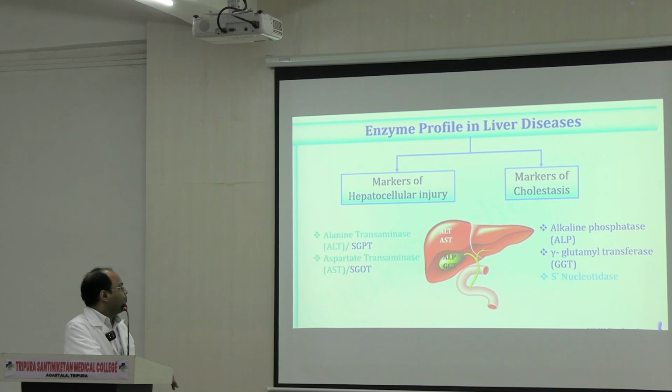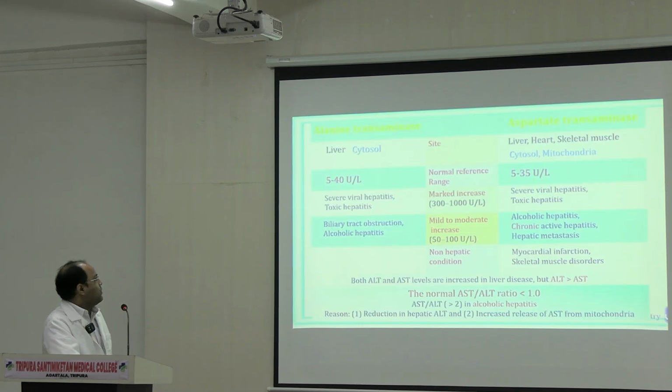Okay. And markers of cholestasis, 3 enzymes, remember: alkaline phosphatase, gamma glutamyl transferase GGT, and 5' nucleotidase. Okay. Let's come one by one.